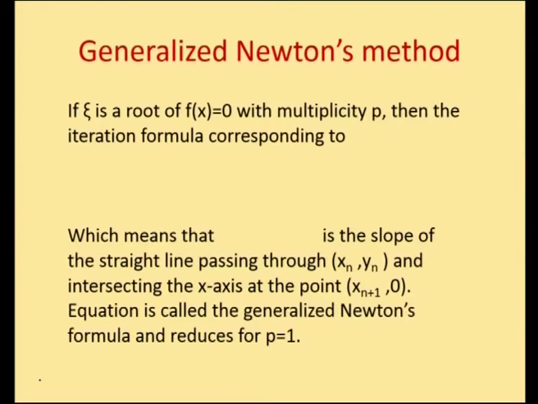that is, epsilon is repeated p times, then the iteration formula corresponding to the Newton-Raphson method is taken as xn plus 1 is equal to xn minus p into f of xn divided by f dash of xn.